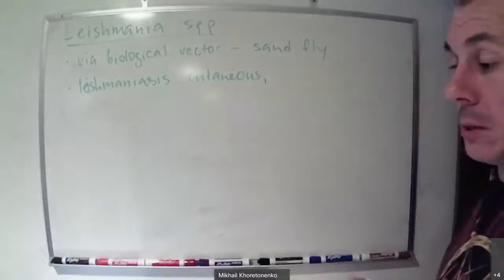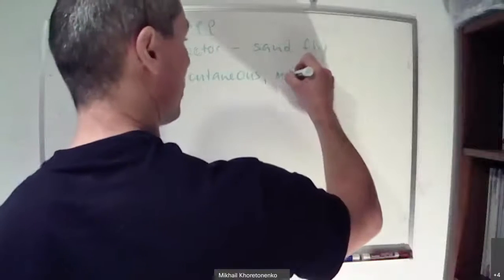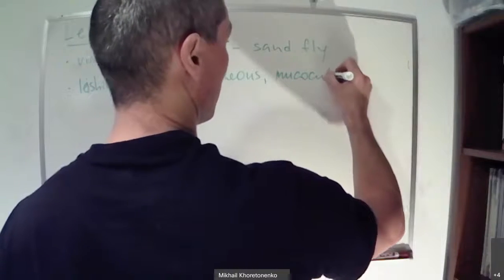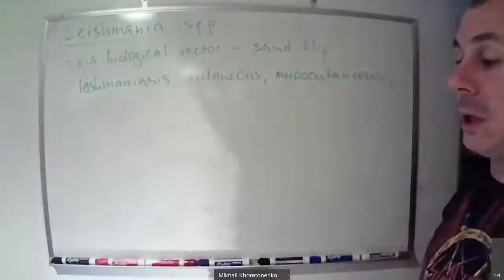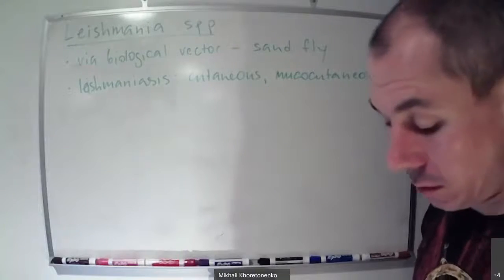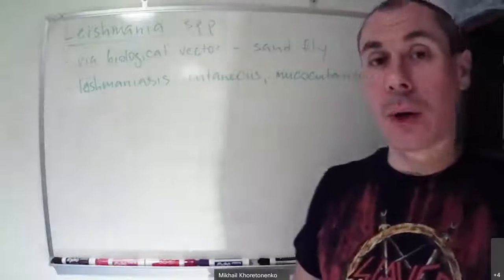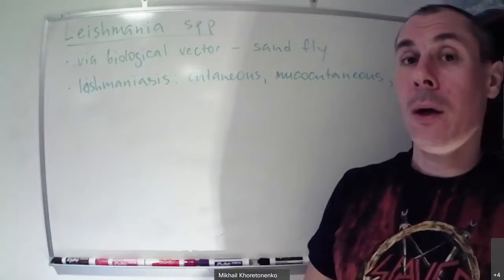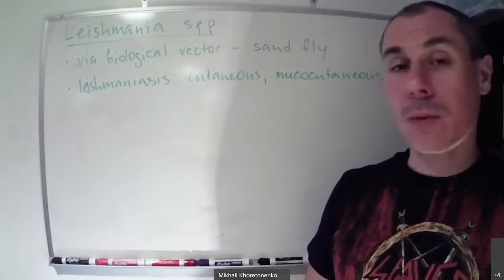A more severe form of leishmaniasis is mucocutaneous, or espundia, when infection spreads to the mucous membranes, most frequently the mucous membranes of the oral cavity, and that may lead to the complete destruction of the soft palate that will require medical intervention.